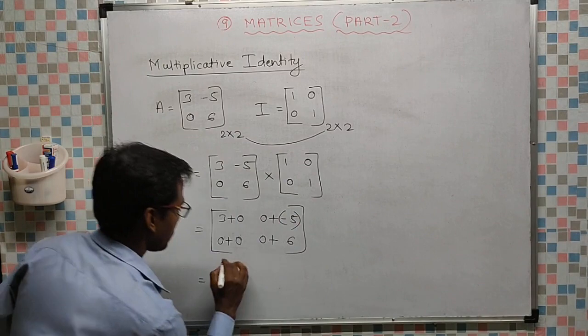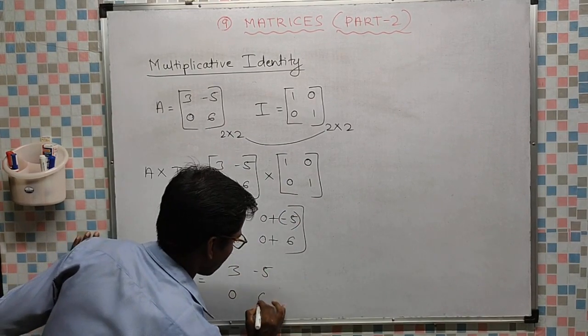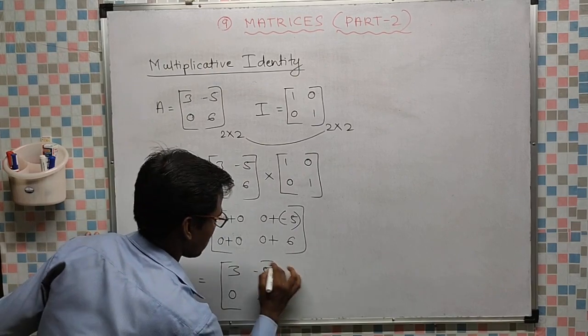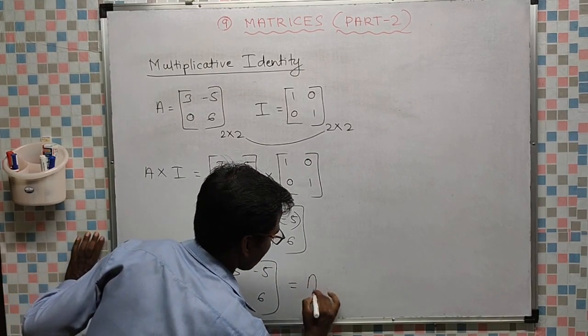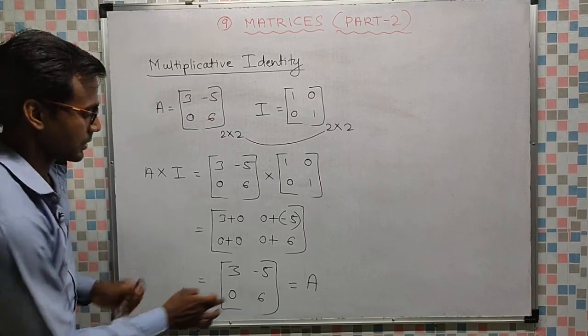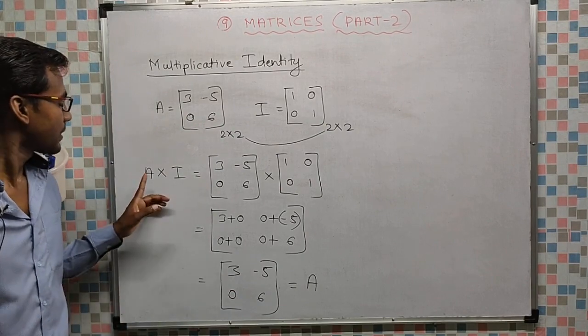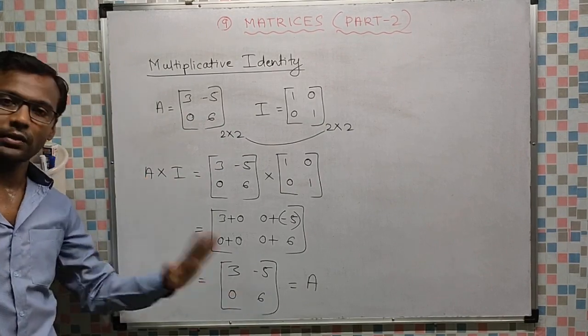Which is equal to [3, -5; 0, 6]. This is equal to A, the same matrix. You can see 3, -5, 0, 6, 3, -5, 0, 6. So A into I gave us A only.